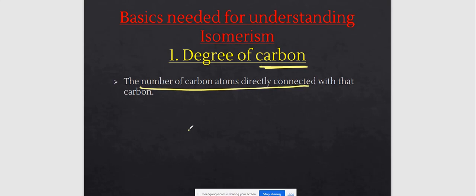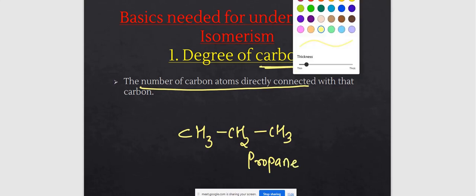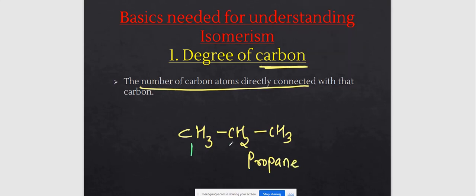Suppose if I take this molecule, what is this molecule? This is propane, right? If I focus on this second carbon atom, how many carbon atoms are directly connected with it? Two, ma'am. That means this carbon atom is having 2 degree.